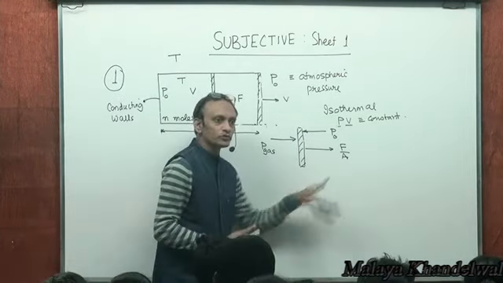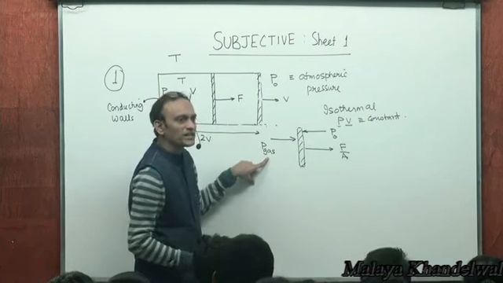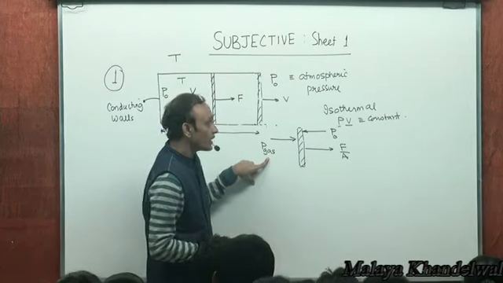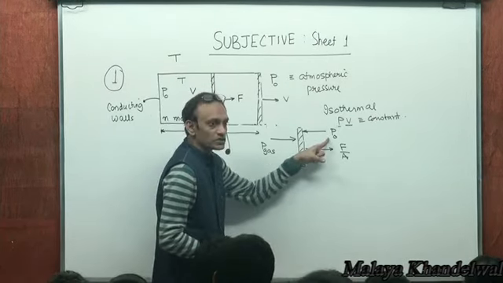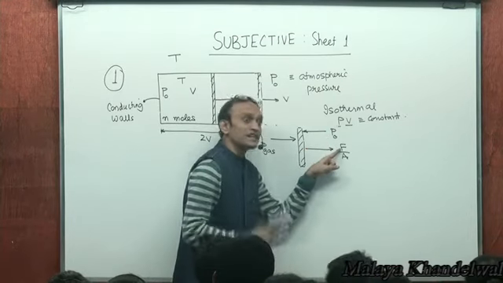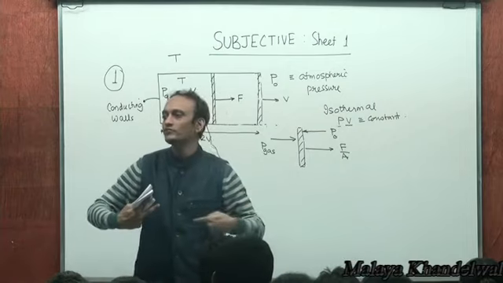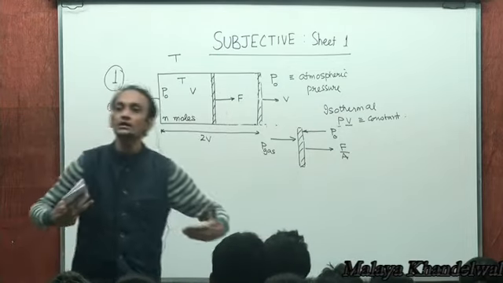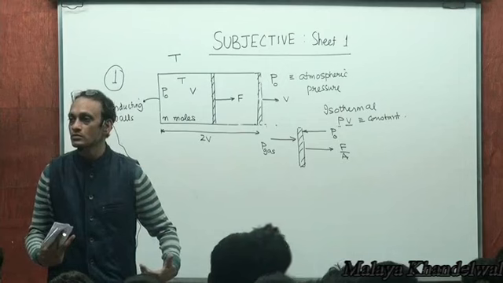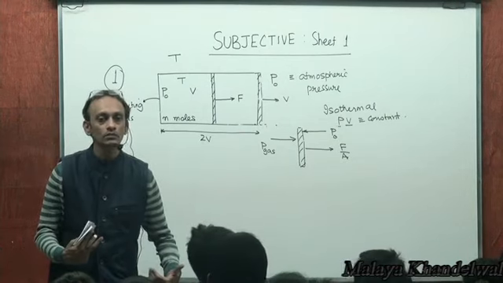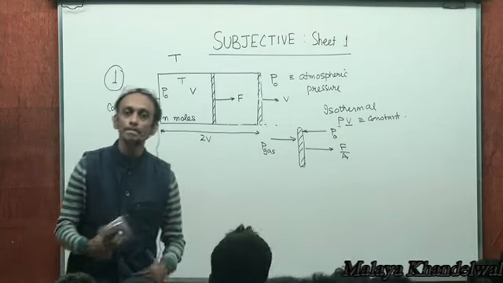So when the piston is moved to the right, the gas pressure is decreasing, right? P naught is fixed. So to maintain equilibrium, this F must increase. So it's a variable force. To maintain equilibrium of the piston, a variable force must be brought into the picture, right? Do you all understand this?